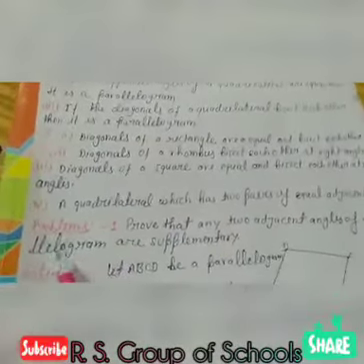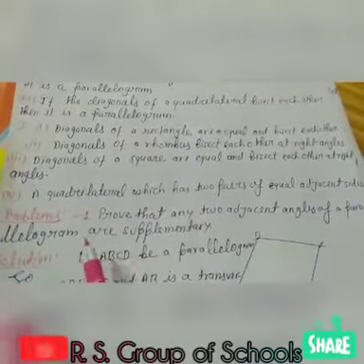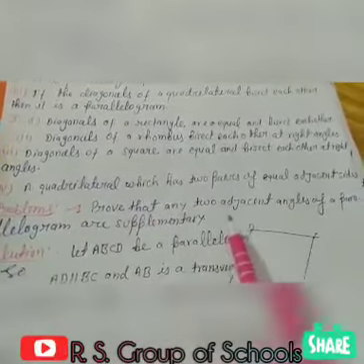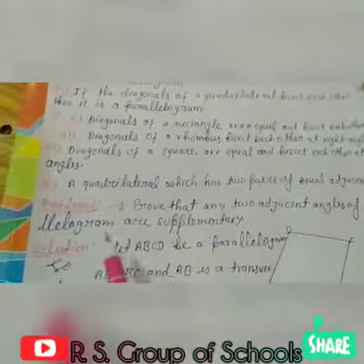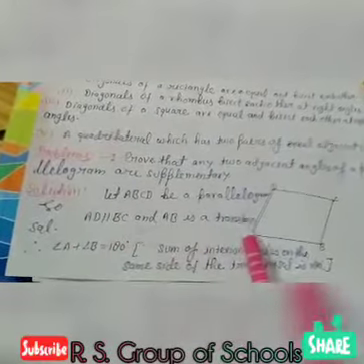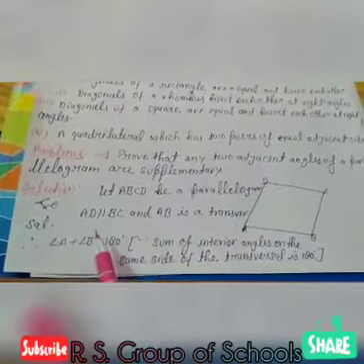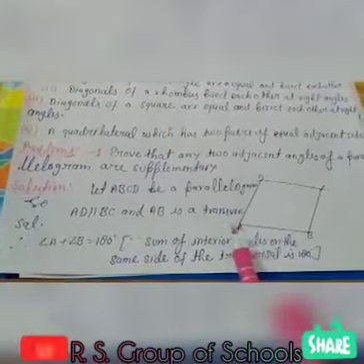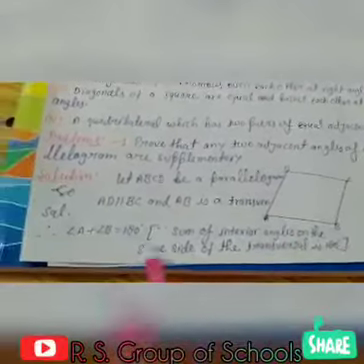Now we discuss the problems. Prove that any two adjacent angles of a parallelogram are supplementary. Solution: let ABCD be a parallelogram, so AD is parallel to BC and AB is a transversal.